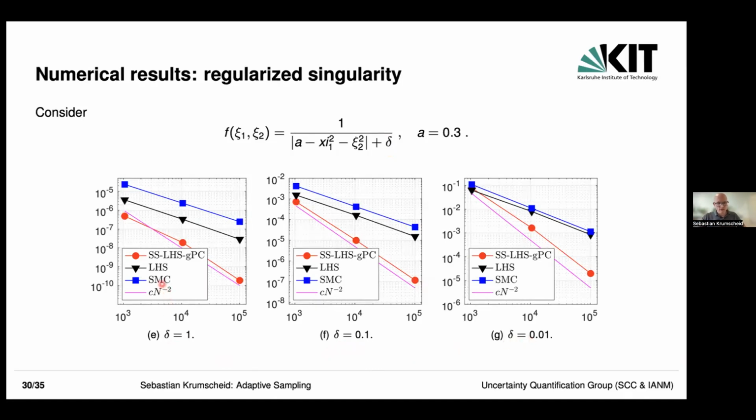We're comparing now the variance of ours. The red ones are stratified sampling with Latin Hypercube sampling and GPC surrogates. So it's a mouthful. We compare this to doing Latin Hypercube sampling directly, or standard Monte Carlo directly.